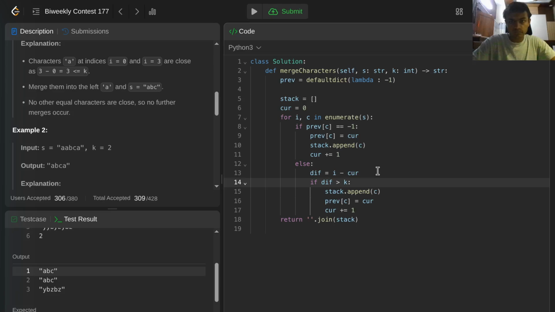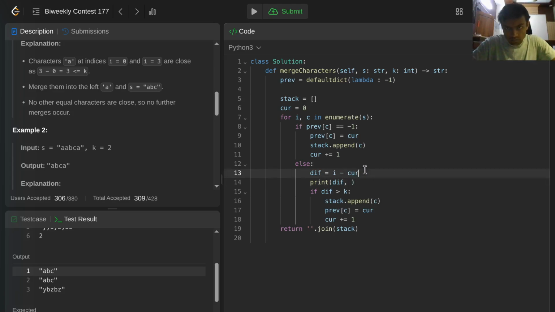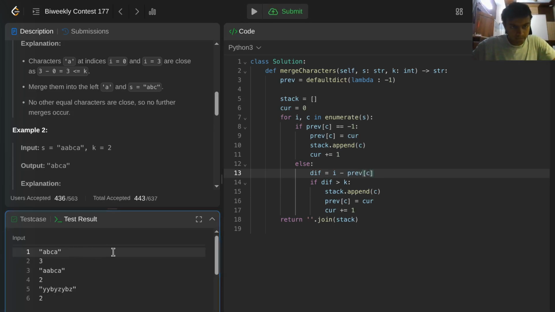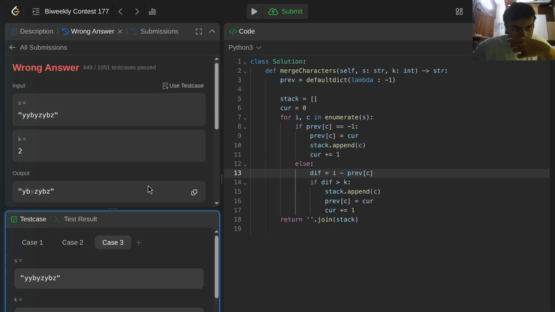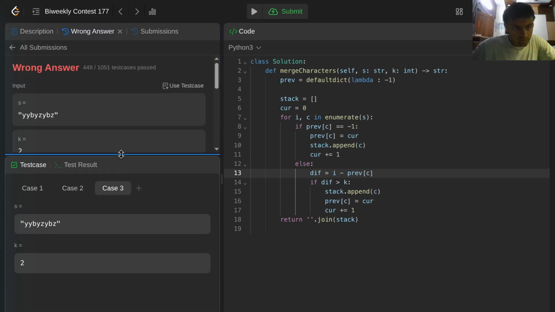If diff, previous of c. Okay, I think this should be fine. Okay, my bad. Come on, making stupid mistakes.